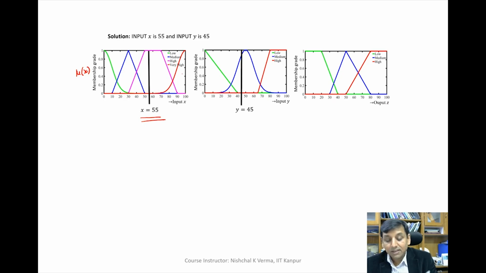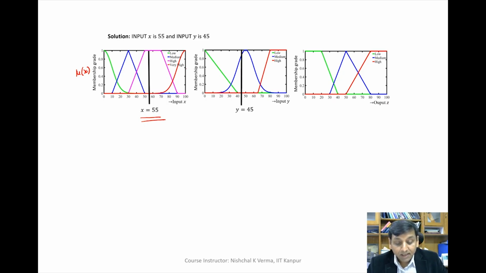No other region is visible to be relevant. But since very high is a Gaussian, it may be relevant here; the value is very negligible, but it is not going to be 0 for X is equal to 55.